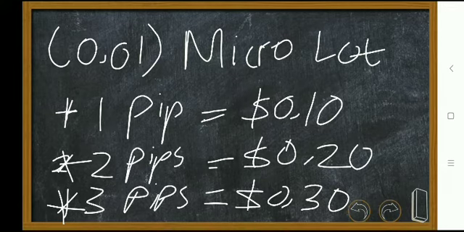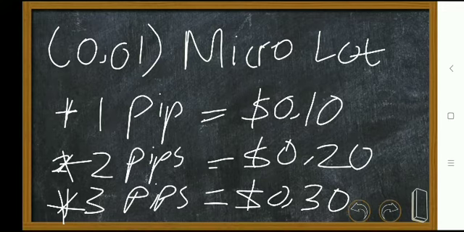So we also have different types of accounts in accordance with these volumes. We have a standard account. Brokers will offer either a standard account, a mini account or a micro account.